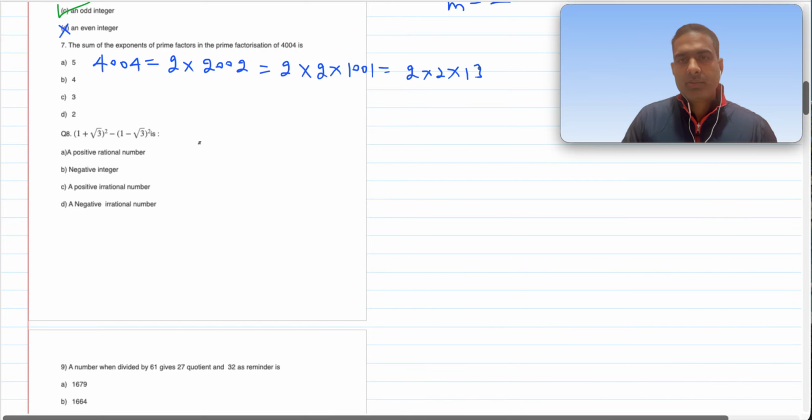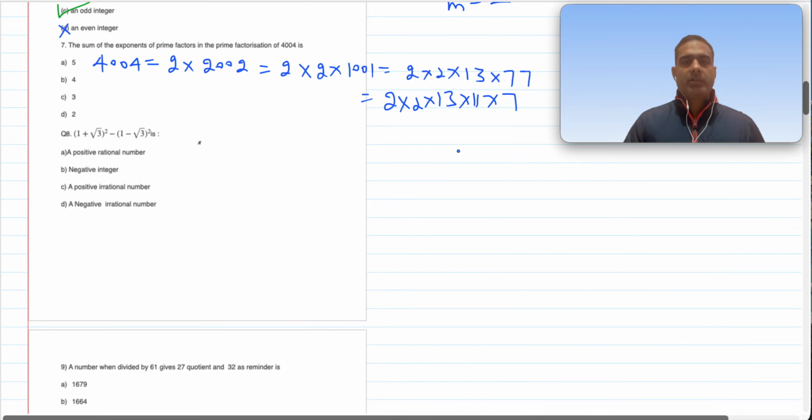So if we divide by 13, okay, let me erase it. If we divide by 13, then 13 7s are 91 and 100 minus 91 is 9 and 1, so 77. So we can write it as 2 times 2 times 13 times 11 times 7.